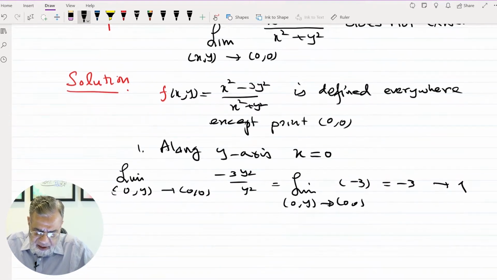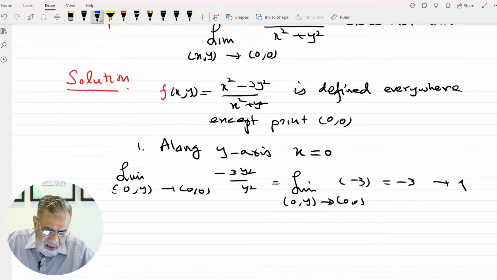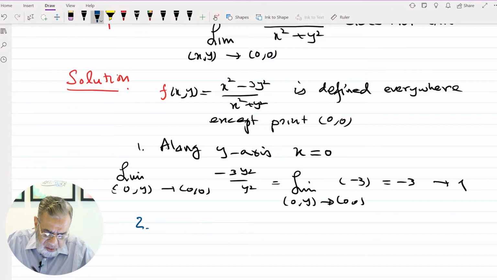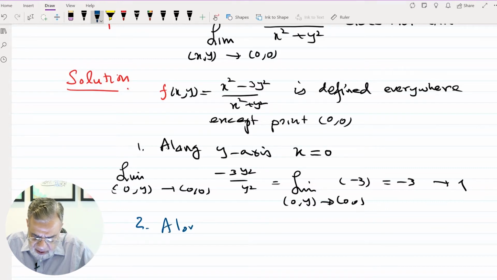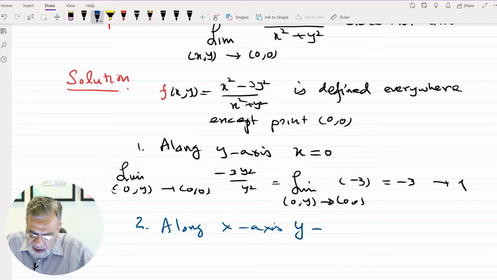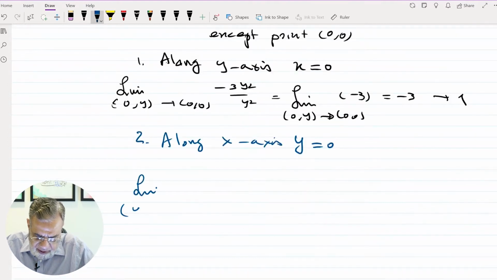Now I take the second result, the limit number 2 along the x-axis. When I want to find the limit along the x-axis, the equation of the line is y equal to 0.